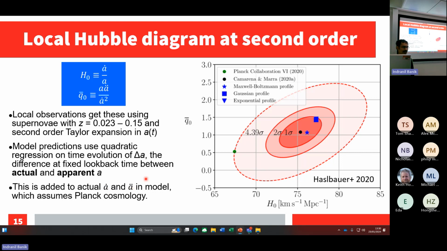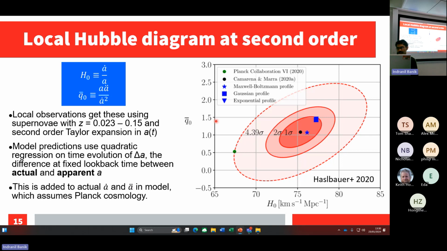So that gives the A dot and A double dot that would be inferred by an observer in that model, which gives us an estimated observation analog for A dot and A double dot. The A dot directly tells you the Hubble constant that observer would see. The A double dot is used in this manner to get the so-called acceleration parameter Q0 bar. And as I said, observations can't really infer much more than these two.